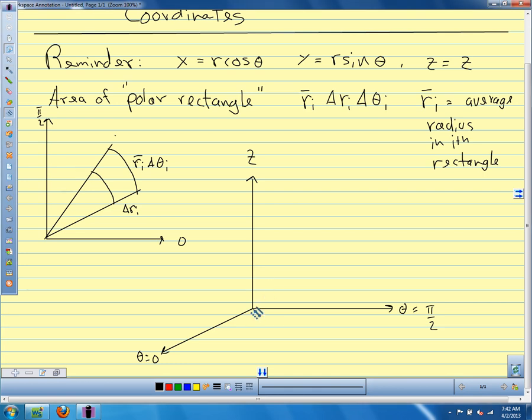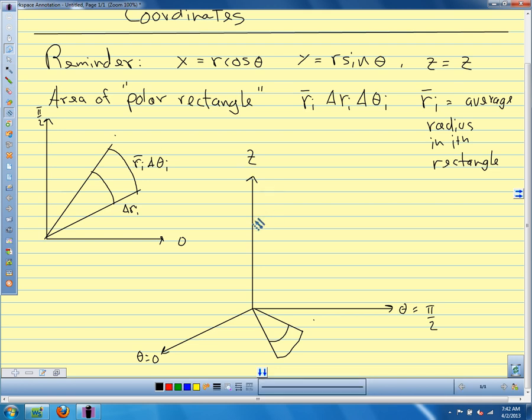So in the plane down here, we have our little sector. So that's this little sector here. And we're just going to project this upwards.